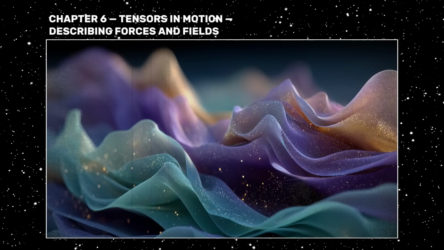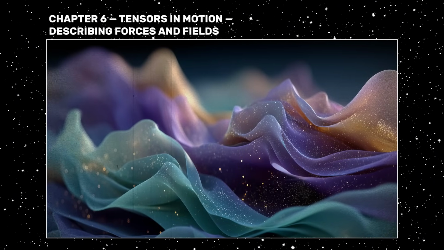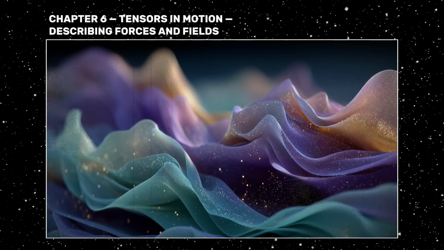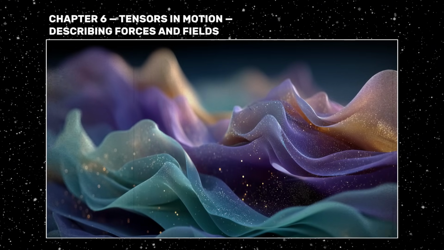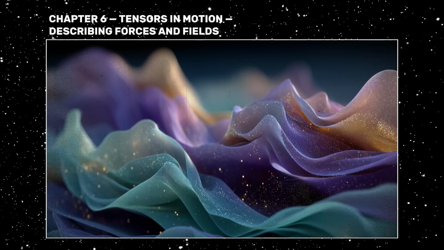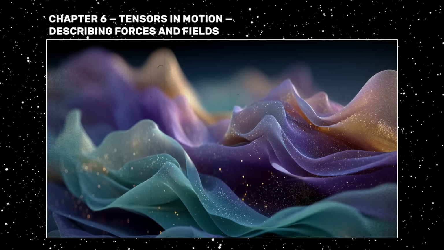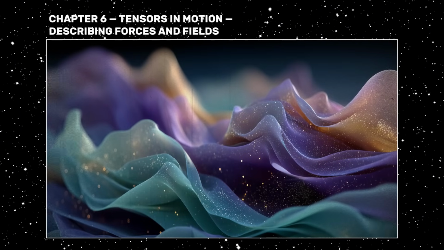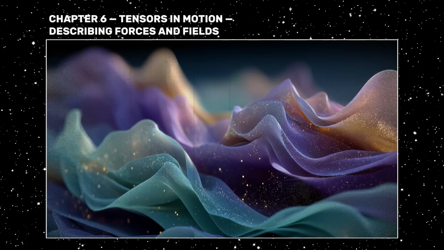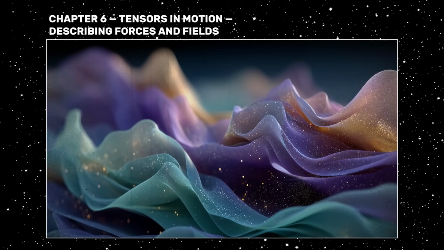Perhaps the most elegant example of tensors in motion is found in electromagnetism. James Clerk Maxwell's equations unified electricity and magnetism in the 19th century, showing that oscillations in these fields propagate as waves at the speed of light. In their original form, Maxwell's equations were a set of 4 vector equations, already revolutionary.